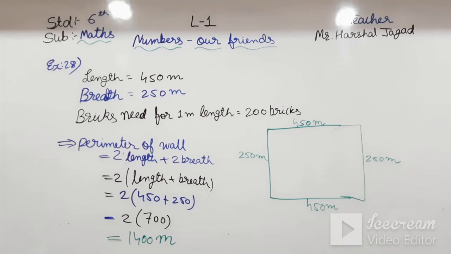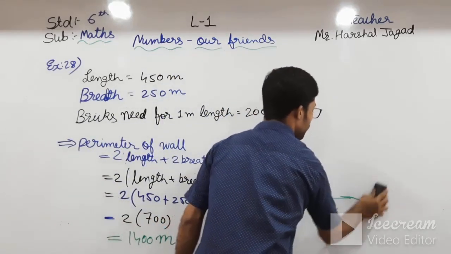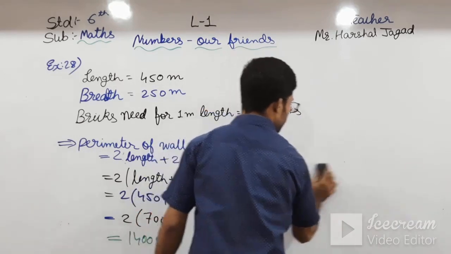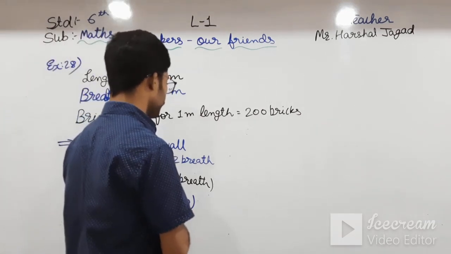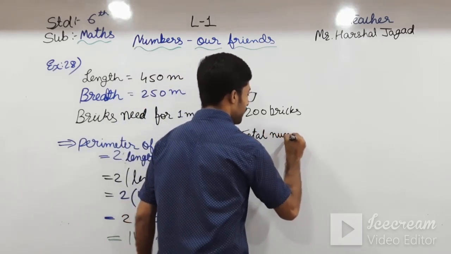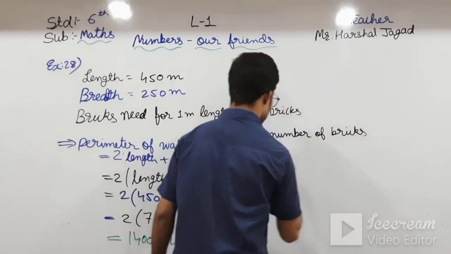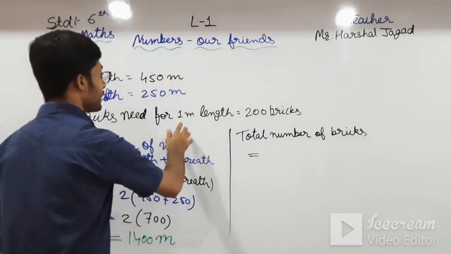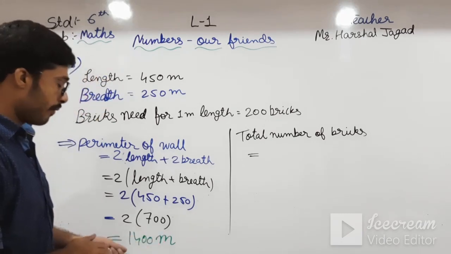Okay students, now what we will do, we will just multiply that with 200. Why with 200, can you tell students? So the total number of bricks we have to take. For that 1 meter needs 200 bricks. Okay students, then 1400 meters, how many bricks will be required?